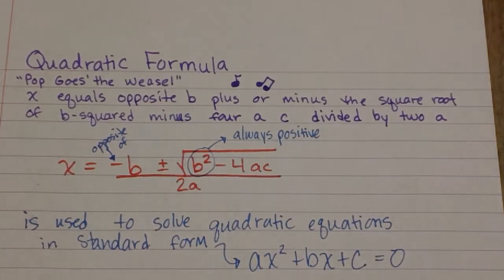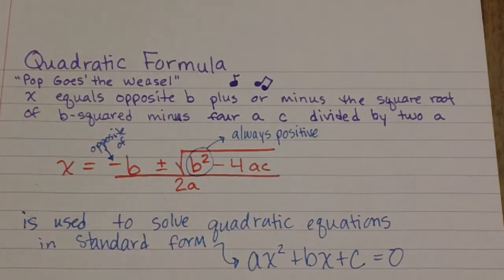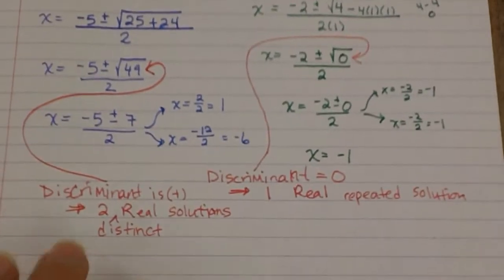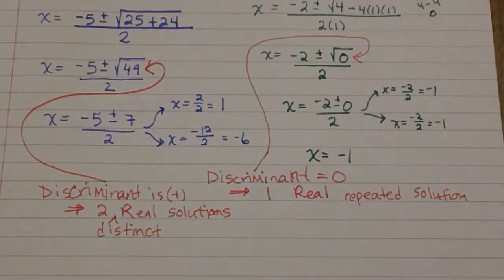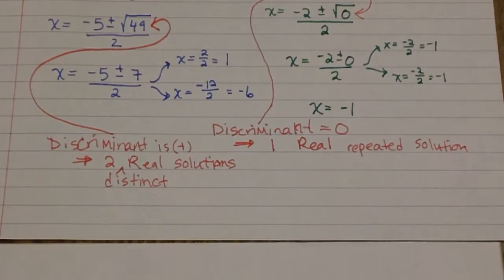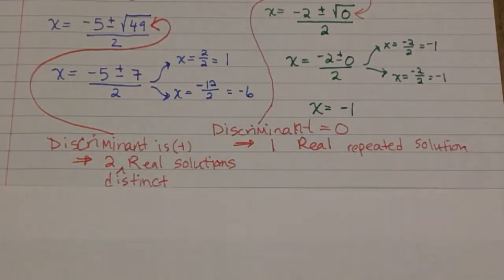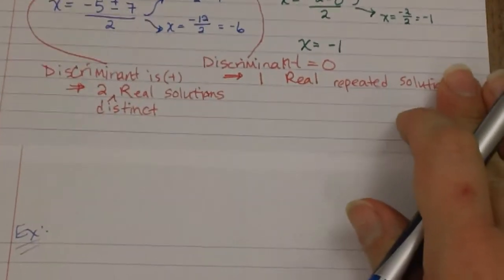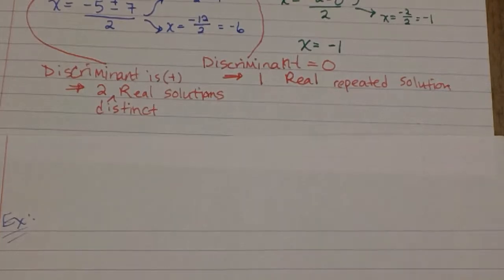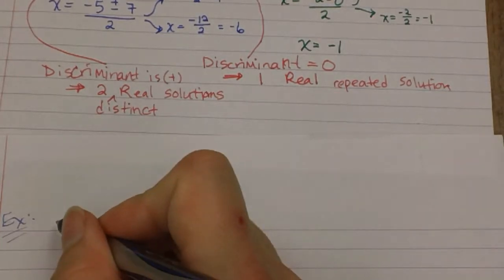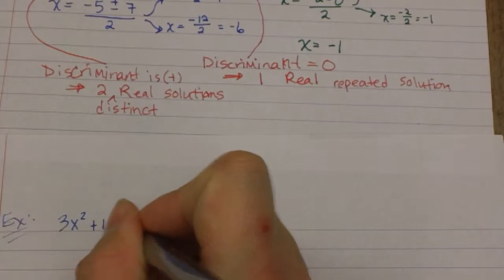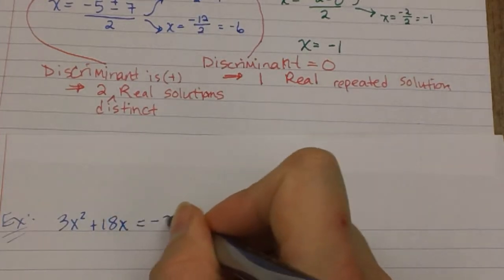Let's look at a couple of other examples to see other ways this quadratic formula might look. How about 3x squared plus 18x equals negative 36?